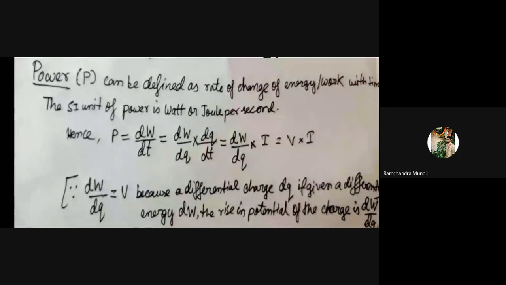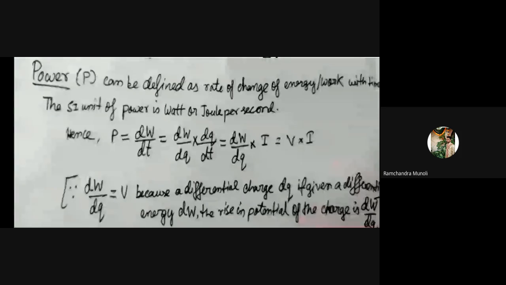Just write this down that P is equal to dW by dt, and that is equal to, we can write it down as dW by dQ multiplied by dQ by dt. We can break it down like that, right? Because dt is in the denominator and in the numerator is dW, we create a denominator dQ, which is charge, and multiply by dQ by dt.